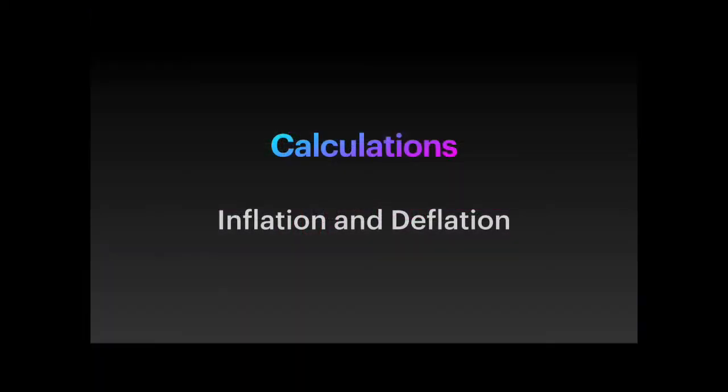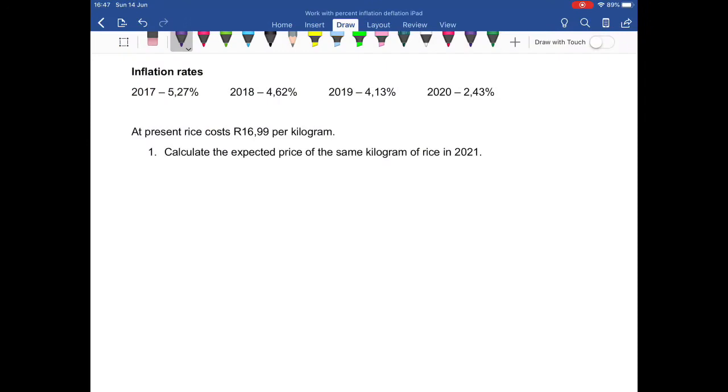Look at the calculations involving inflation and deflation. Let's look at inflation rate calculations. At present, in 2020, rice costs R16.99 a kilogram. We can use the inflation rate to determine what the rice will cost next year.